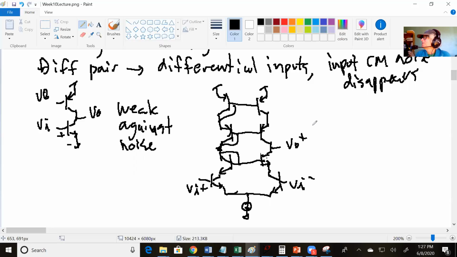So what's this do for you? It's kind of the best of both worlds. So what about gain for this compared to a regular diff pair? Significantly higher. And what about that problem that common emitters are so sensitive to noise?